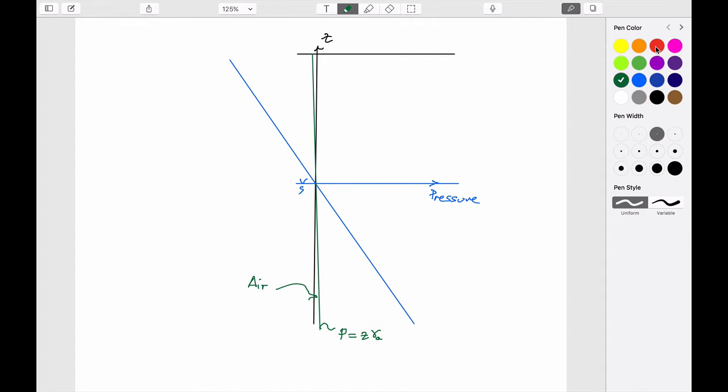And I suppose if we have a DNAPL in the system, this is the most careful graph I think I've ever drawn my whole career. So this is water.